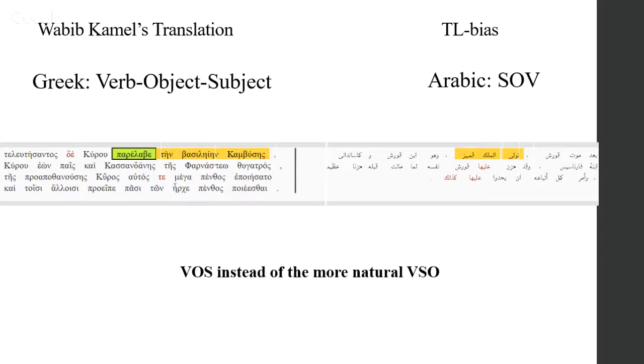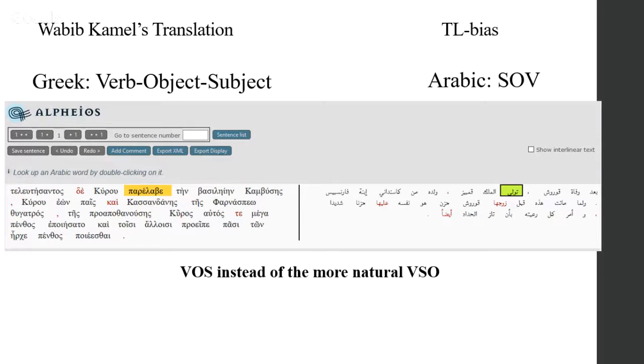So he said, Tawalla al-mulka Cambiz. This is not very clear, but let us try to make it clearer. Here, Parelape on the left-hand side, and in green, this is the Arabic verb. So here it is at the beginning of this clause.